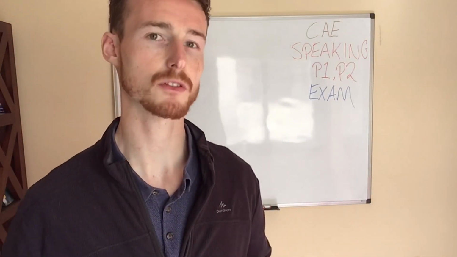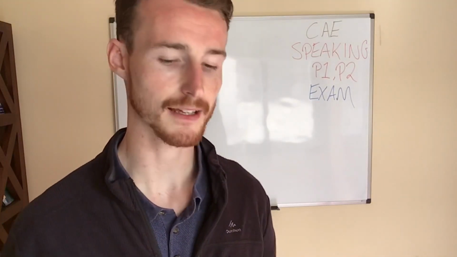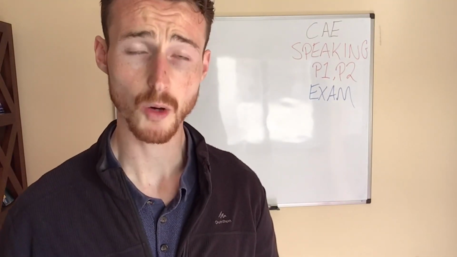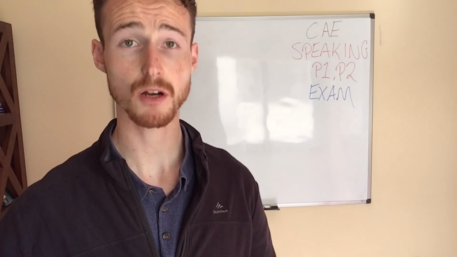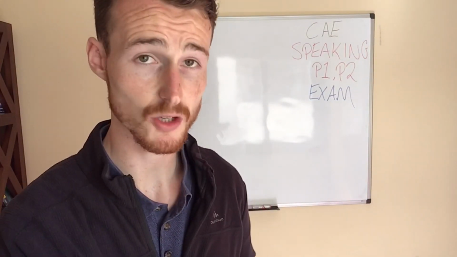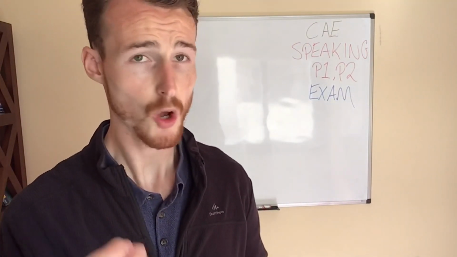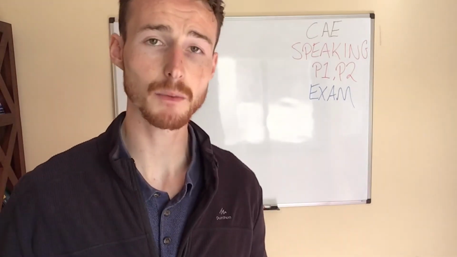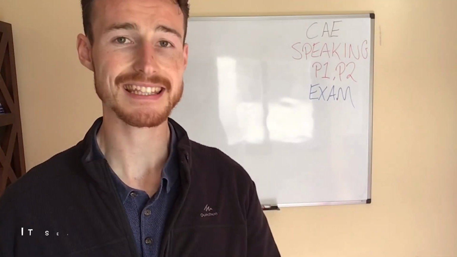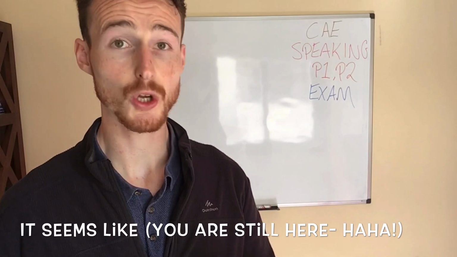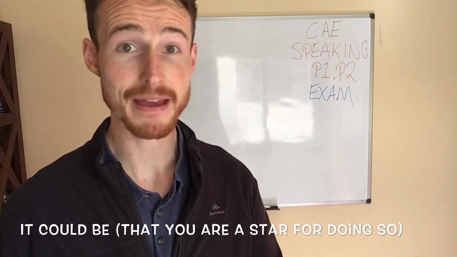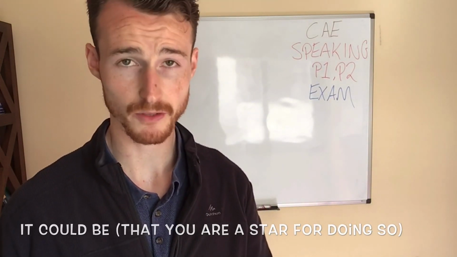Here we want to use some speculation. How do we do that? Well, in the photos, we don't know that something is concrete, do we? We don't know that something is 100% happening. So here we have to use phrases like, it seems like, or it could be, it might be, it may be. Okay, so some of these modal verbs.